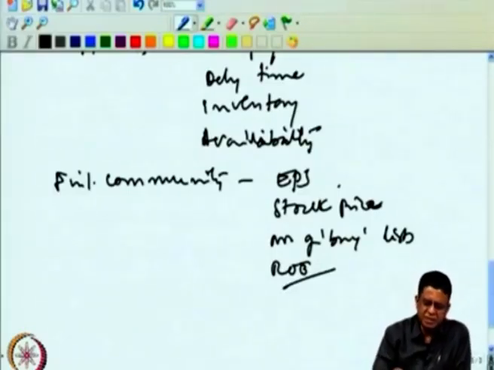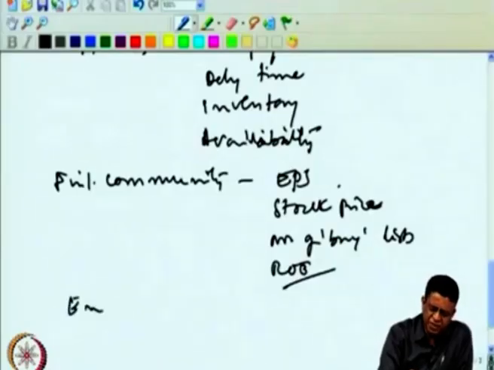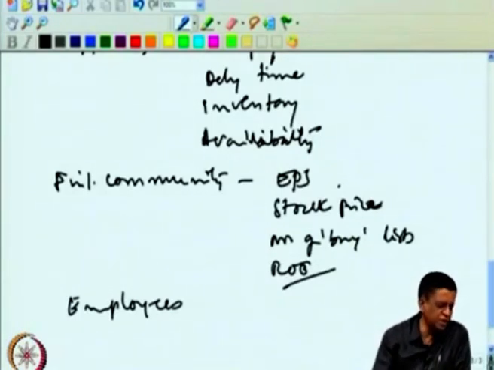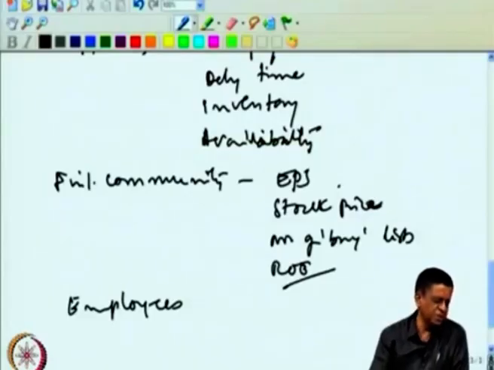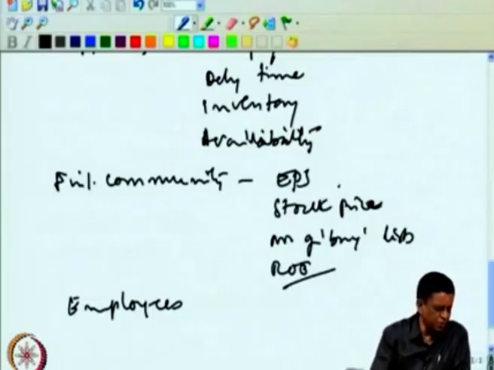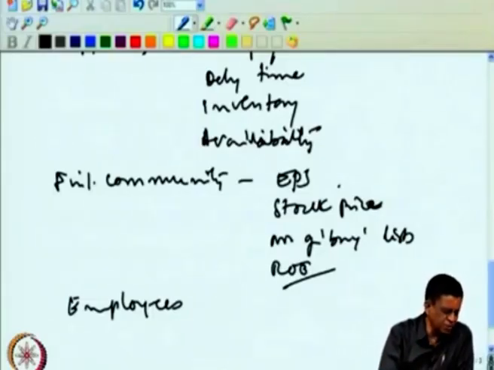Then there are the employees, what are they concerned with? Kindly note, we are looking at stockholder measures. We looked at customers, we looked at suppliers, we looked at the financial community. Now, who could be the other stockholder? The employees.